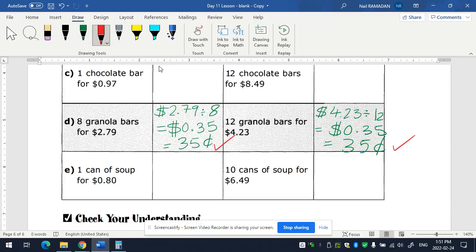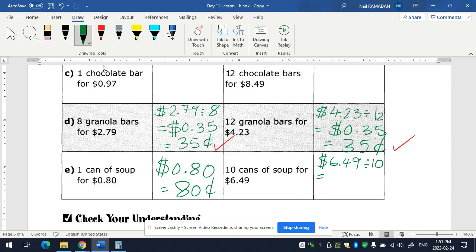How about this one? One can of soup for 80 cents. There's no work to do here. It's already one can. So you can literally just write 80 cents, because it's already per one thing, which means 80 cents. Okay. How about this one? 649 divided by 10.